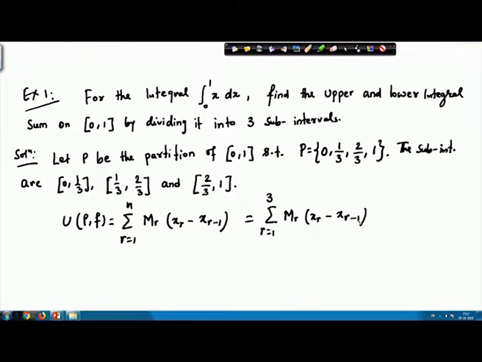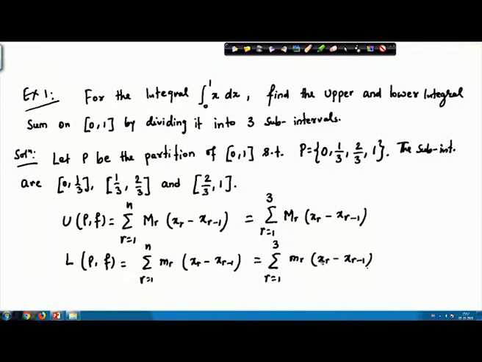This is our upper integral sum, and our lower integral sum L(P,f) will be the sum with r running from 1 to n, of small mr times (xr minus xr minus 1).